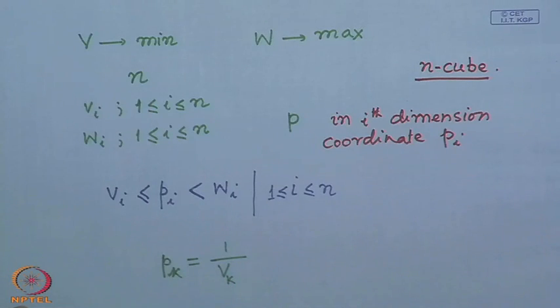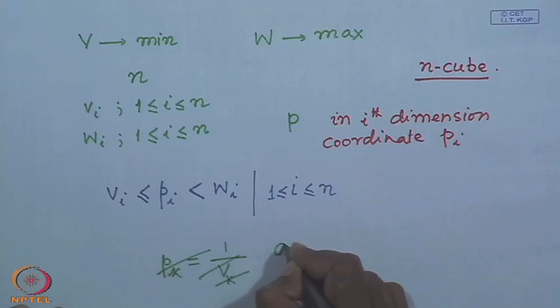the volume of the kth bin. Sorry, let me put it the other way. Instead of P, let me call it Q, because we are using P to represent the point here.